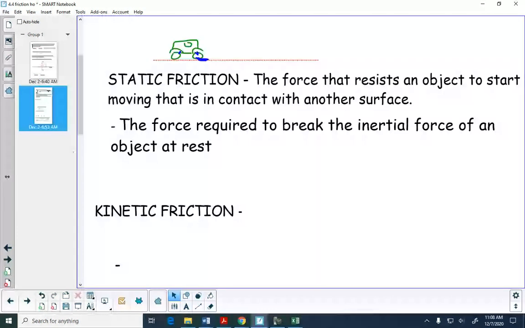Well, we're just looking at the idea of an object at rest. It's the force required to break the inertial force of an object that is at rest. This is your static friction.